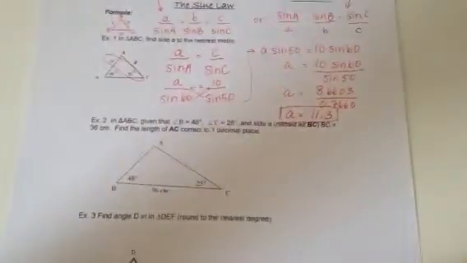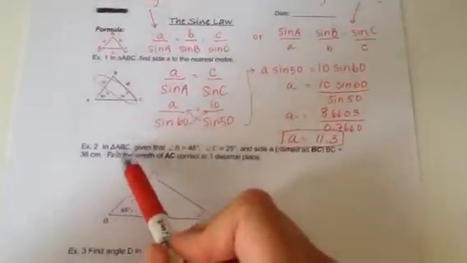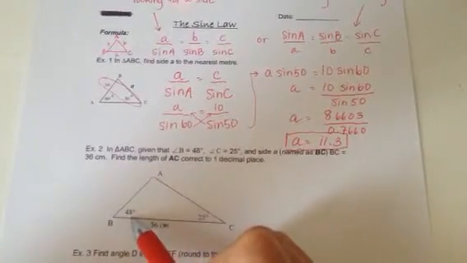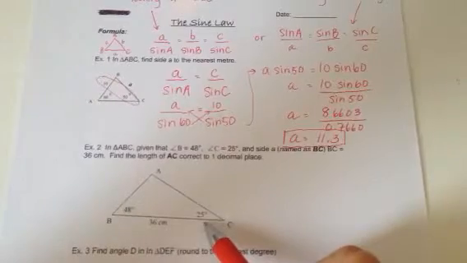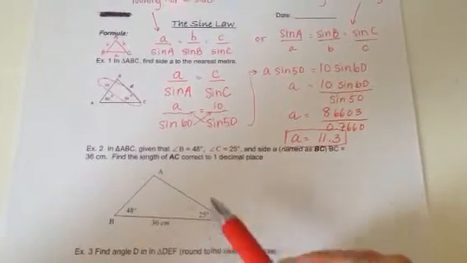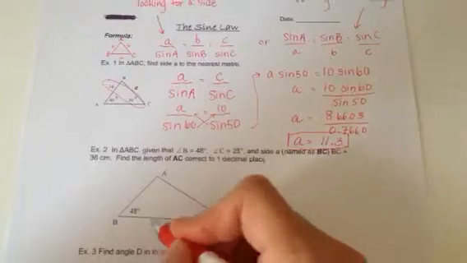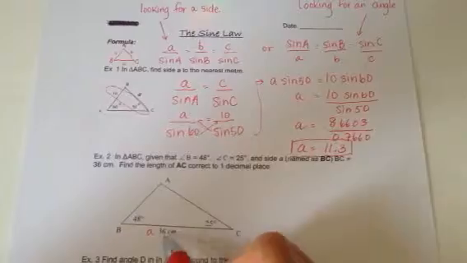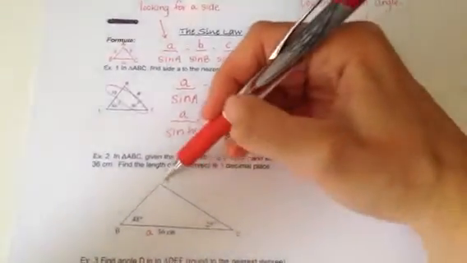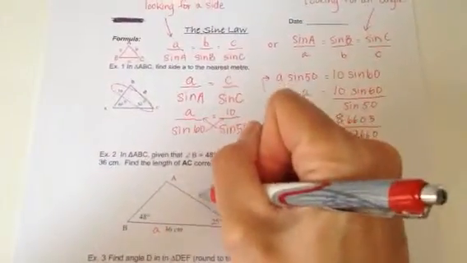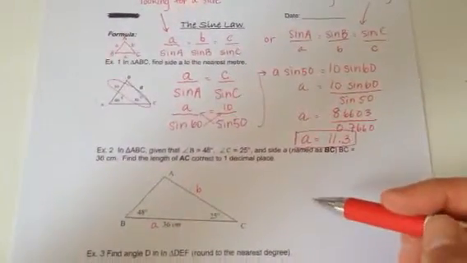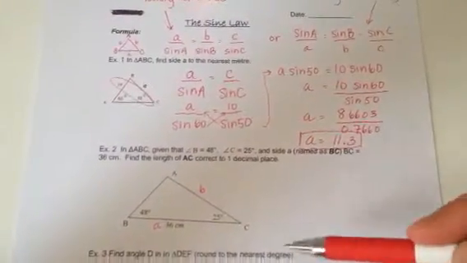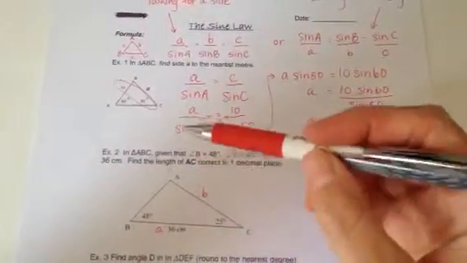Okay, example number 2. On triangle ABC, given that angle B is 48, angle C is 25 degrees, and side A, so A is right here, you can also name it as side BC, is equal to 36 centimeters. Find the length of AC, so that's our side B here. To do this question, to use the sine law, you need to have one complete ratio.